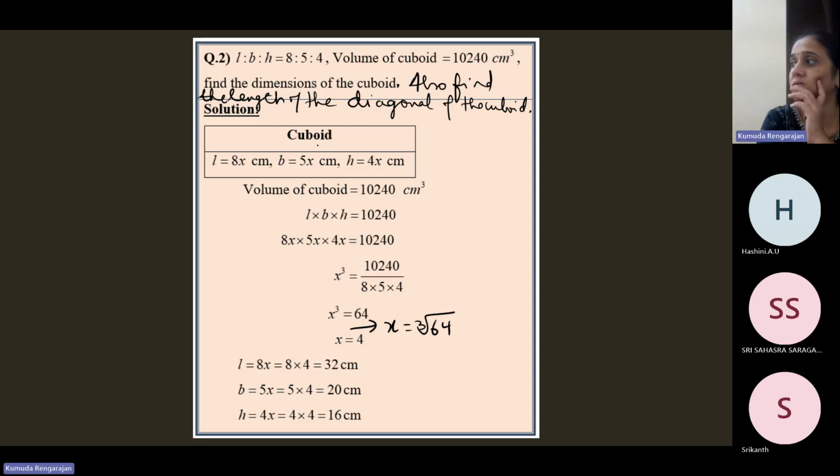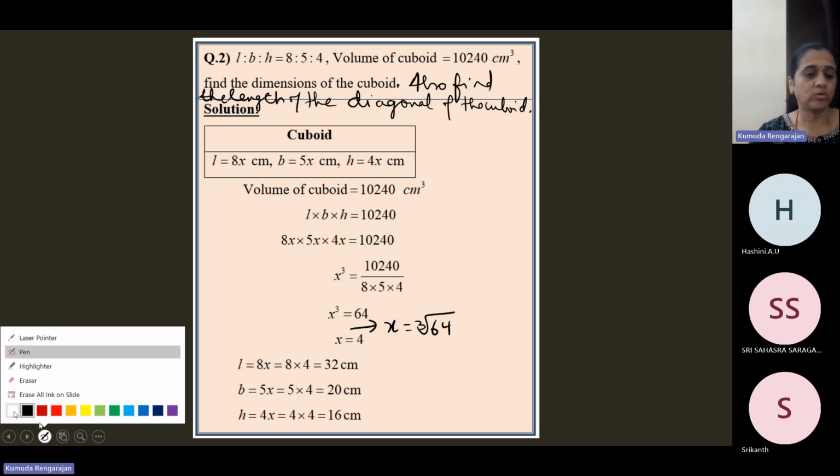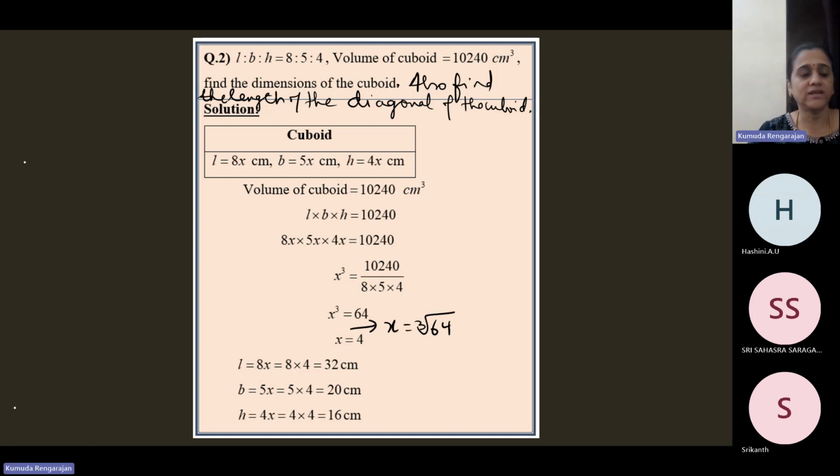What's the length of the diagonal? Formula: the length of the diagonal is equal to square root of L square plus B square plus H square.